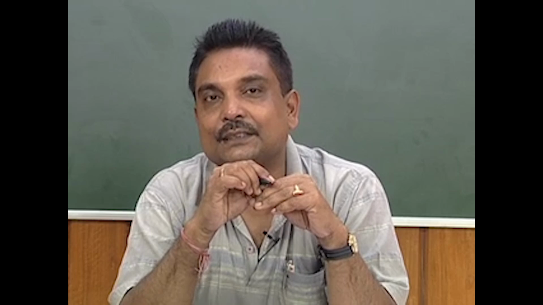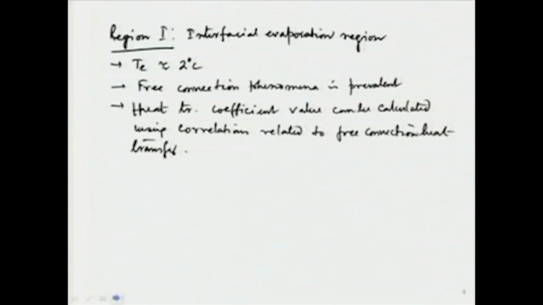This is the situation that happens. In this case, the motion of the fluid is due to free convection, and therefore it is free convection heat transfer that is prevalent over here. Another point we should say is that the hot liquid vaporizes only at the free top surface.